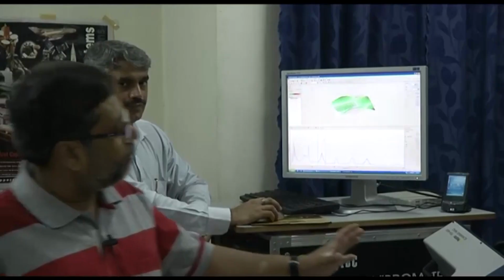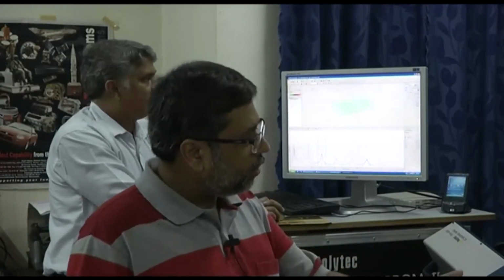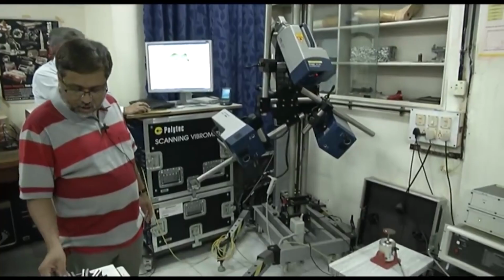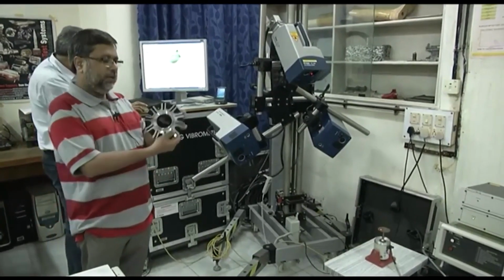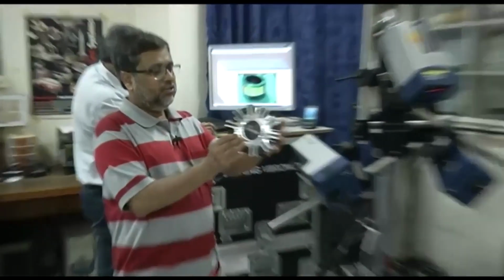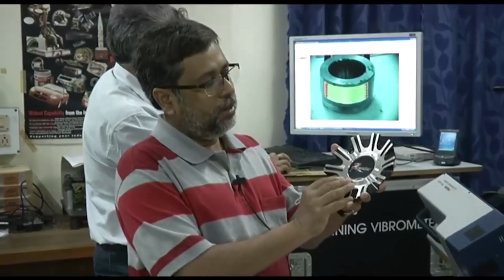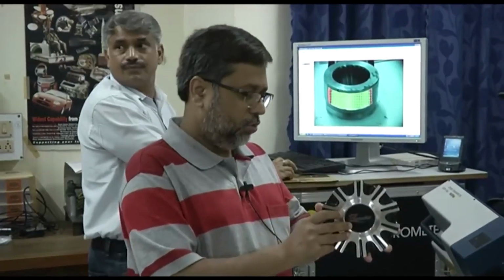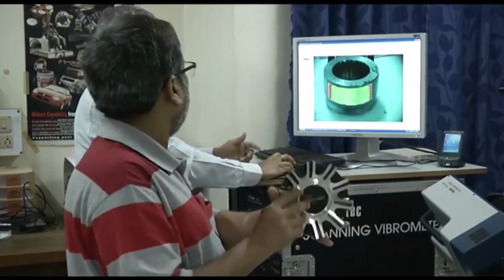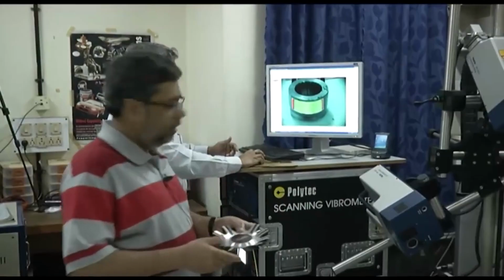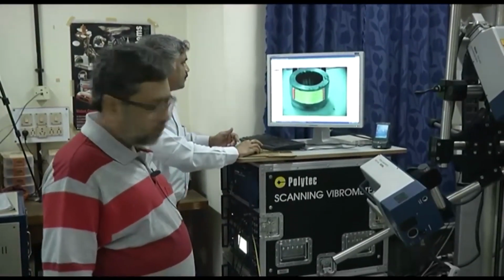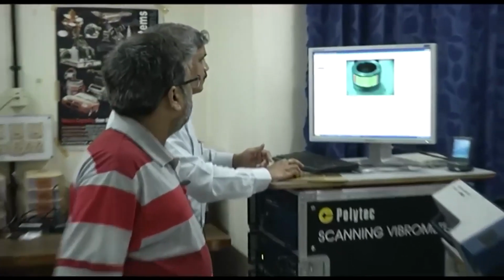The beauty of the Doppler vibrometer is that it need not work on simple plates or beams, etc. It can work on as complicated a structure as this. As you can see, this is a part of a wheel casing, and even for this type of complicated structure, this system works beautifully.